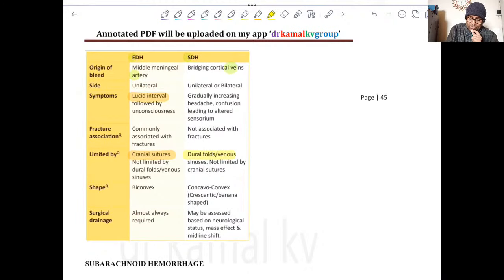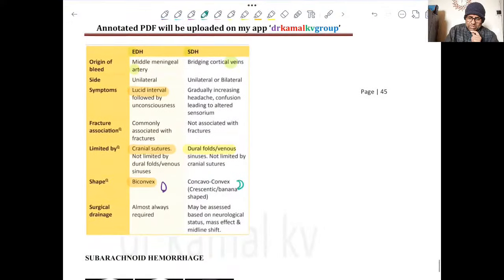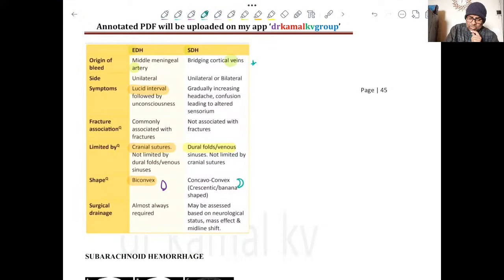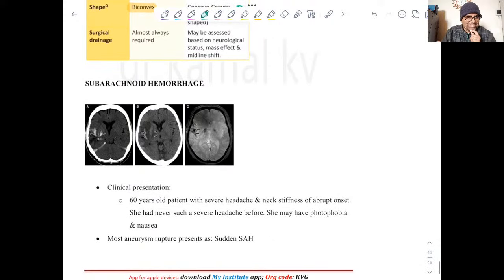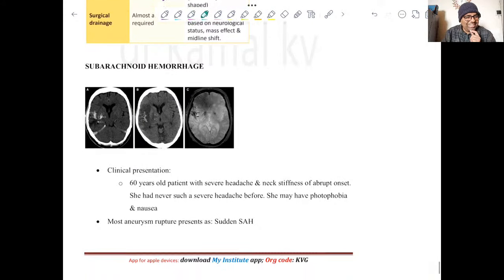And in the shape on CT scan, you can see biconvex like this, and here it will be concavo-convex. Clear? So just 3 points to remember for exam. These 3-4 points are enough. Clear? So extradural and subdural. Yes, you can make your idli banana fine.